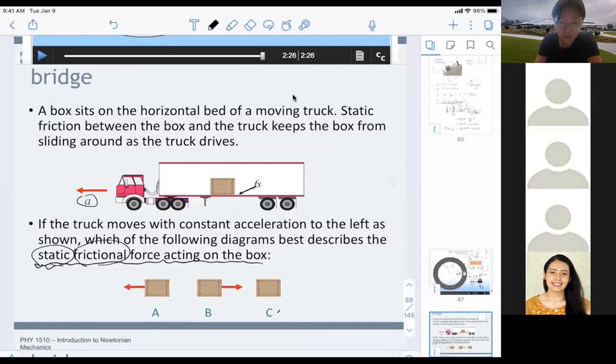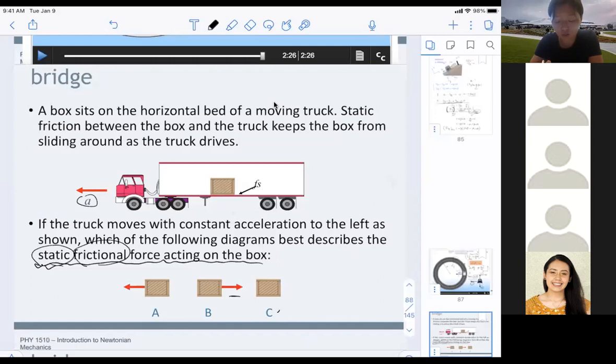Now if you were trying to think about which way the truck is trying to move, you might think, okay, the truck is moving left, maybe the box will have a friction pointing to the right, in which case that might lead to option B. If you think of those, it's going to be hard to figure out which one it is.